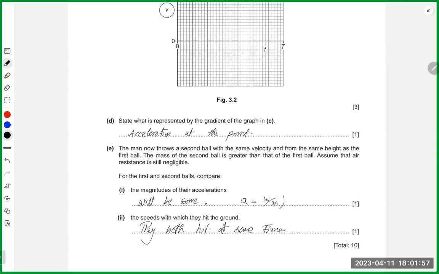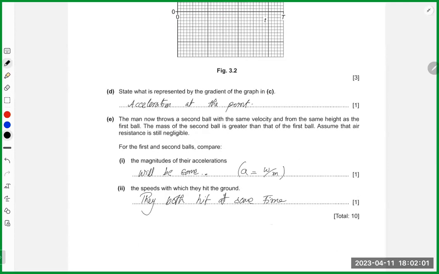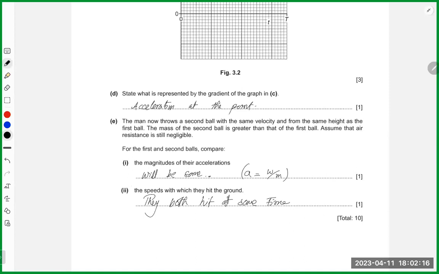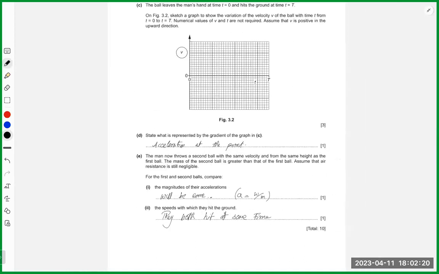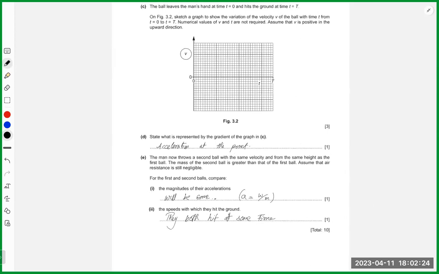Okay, so they both hit the ground at the same time, so they take the same time to fly because time is independent of mass. If we calculate time, in any formula of time in the equations of motion, there's no influence of mass, so they both will hit at the same time.